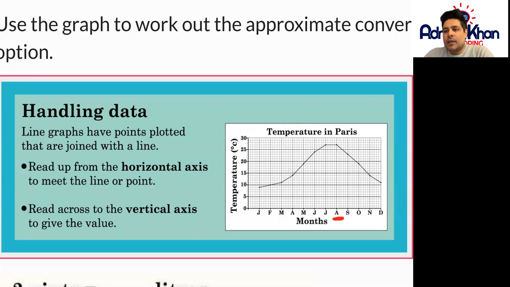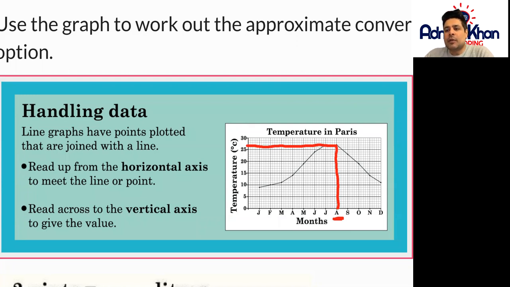If we draw a rough line going all the way down from August, and we hit the line, and then we go all the way across, this is a rough estimate. We can see that the temperature roughly is between 25 and 30 degrees centigrade in Paris in August.